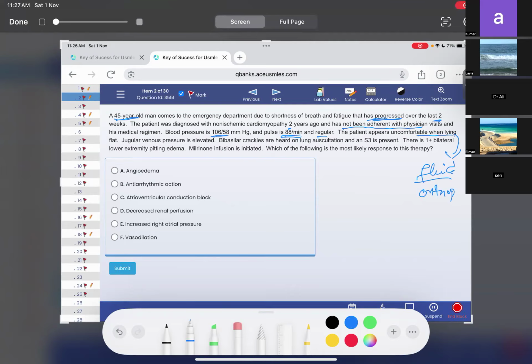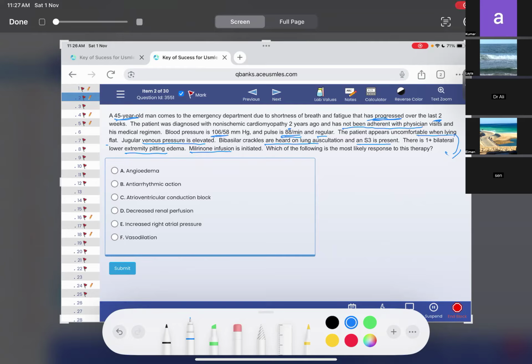Okay, doctor. So jugular venous pressure is elevated. Bibasilar crackles are heard on lung auscultation and S3 is present. There is 1 plus bilateral lower extremity pitting edema. Milrinone is initiated. Which one of the following is the likely response to this therapy?